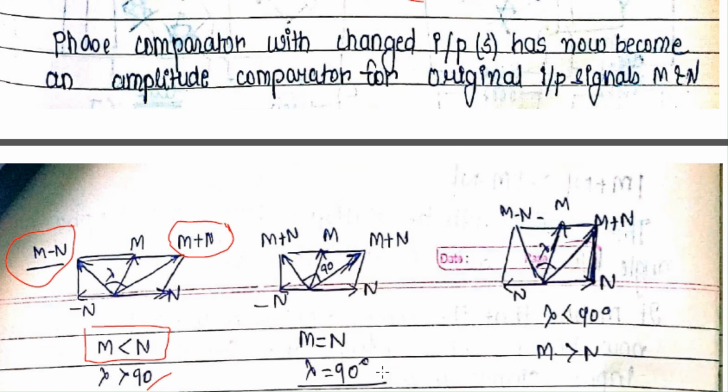Here alpha is 90 degree, but the two signals magnitude is equal. But the third condition, if you see here, the angle between the two signals m plus n and m minus n is less than 90 degree. This is the condition when the phase comparator will operate, and with this condition we are obtaining the amplitude comparator condition, that is the magnitude of m is becoming greater than the magnitude of n.